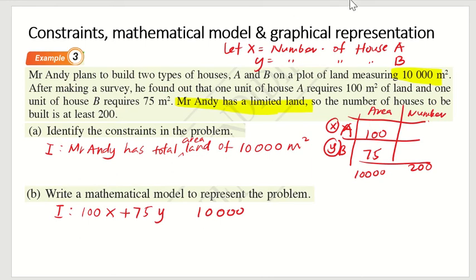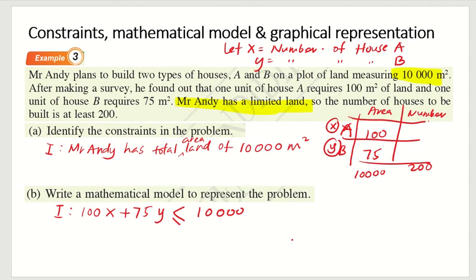What you need to use is bigger or smaller. The area you build can be more than the total area you have or not? Cannot be more than that, right? So maximum is 10,000 or less. Smaller or less. Okay, less than or equal to 10,000.